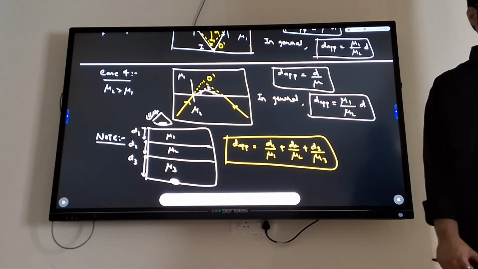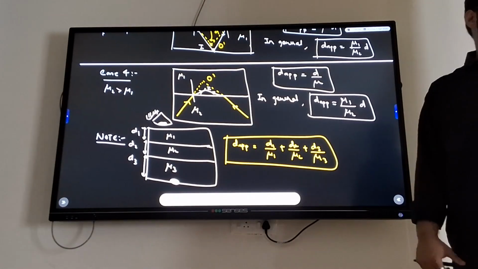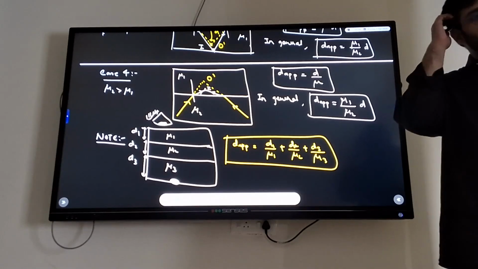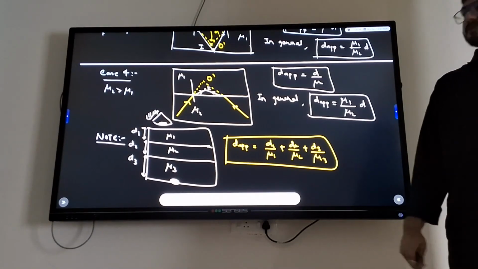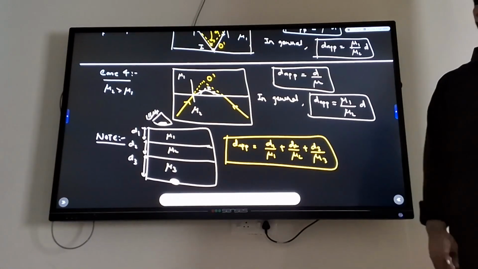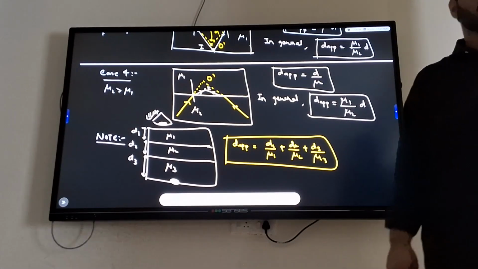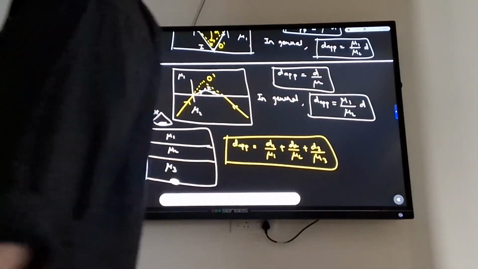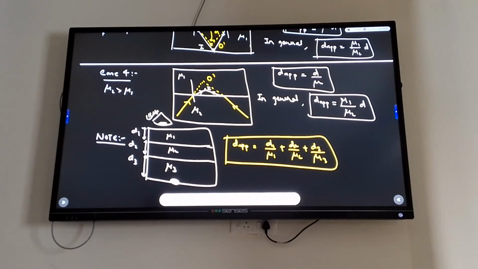If you have three immiscible liquids and a coin is placed at the bottom of it, and if you are looking from there, then this is the apparent depth you see. Once you have written this, you can start with sheet number 4 के questions.